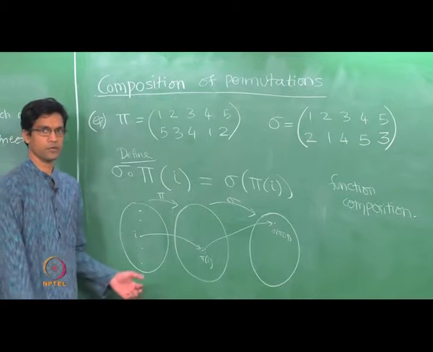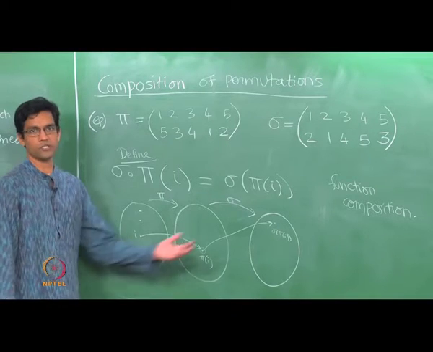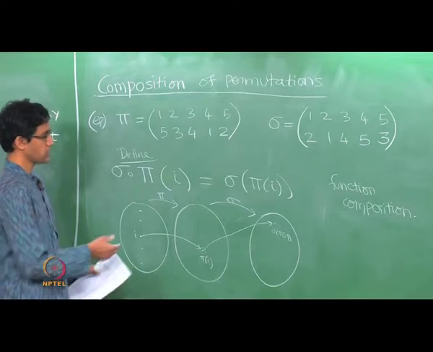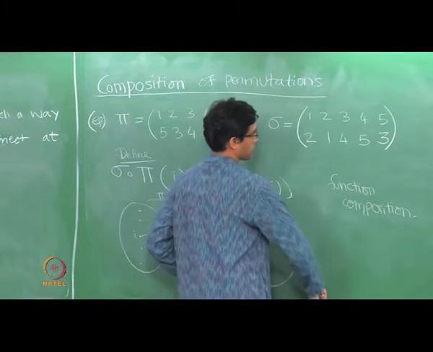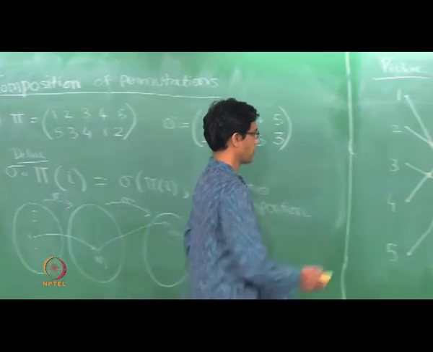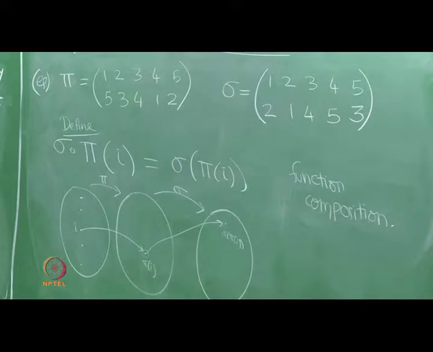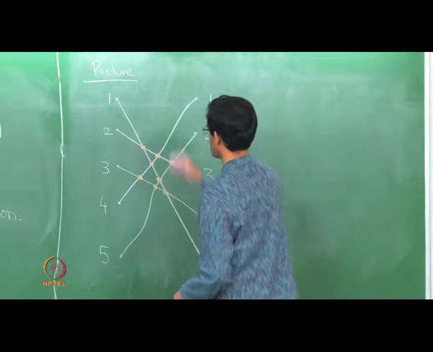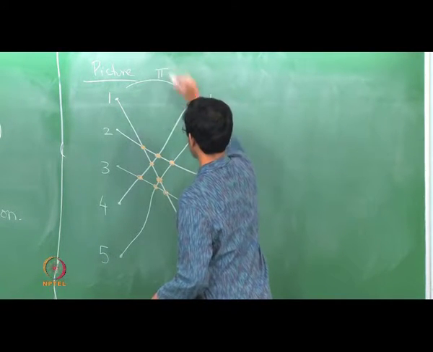Okay, so composing two functions is best done in this pictorial setup. So let us actually do it for these examples, because we already have one of these pictures up on the board. So here what I have is already the picture for pi. So recall that this first map is already the picture for pi.